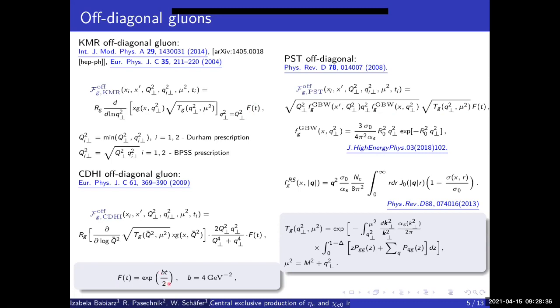And to investigate a little more, we take the Ryskin-Shuvaev gluon, in this form. What is more, in the Sudakov form factor, we take the scale equal to the meson mass squared plus the gluon transverse momenta.